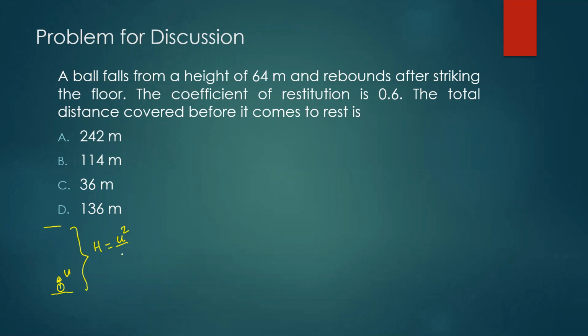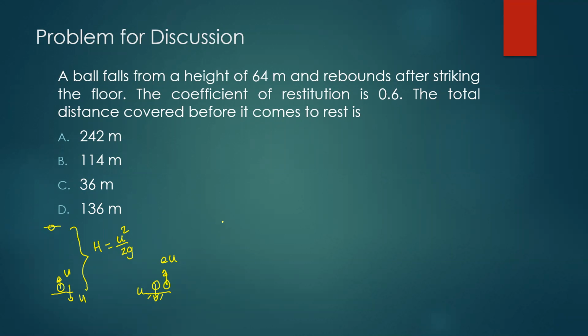And then if you drop the particle from this height, when it hits the ground, it will hit with u. The other thing you need to understand is if a ball hits the floor with velocity u, and the coefficient of restitution is e, it is going to come back with speed eu. You understand this?